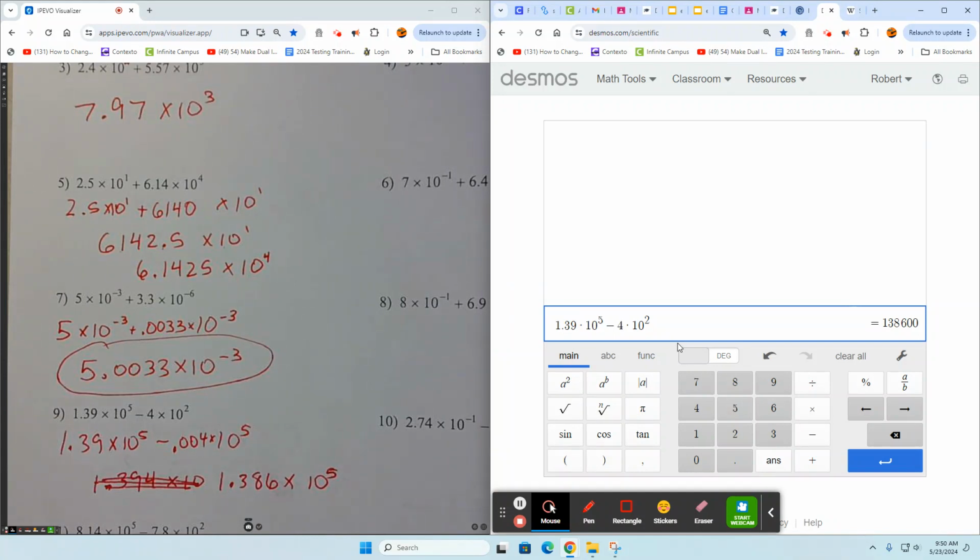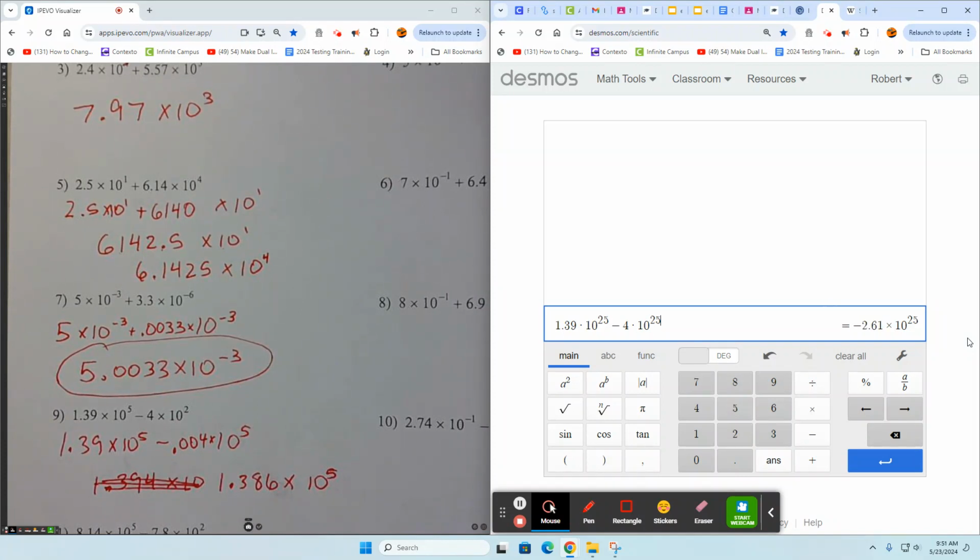When the number's not very big, it isn't that big, so I would have to convert this back because it wants scientific notation. But if this was like 10 to the 25th, and this was also to the 25th, then all of a sudden they're answering in scientific notation.